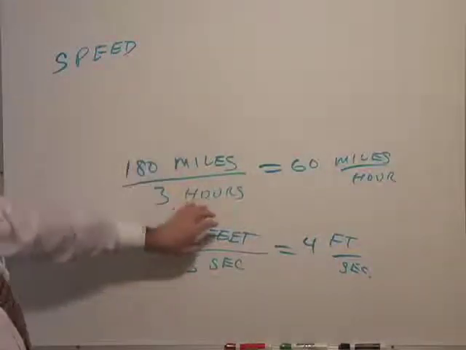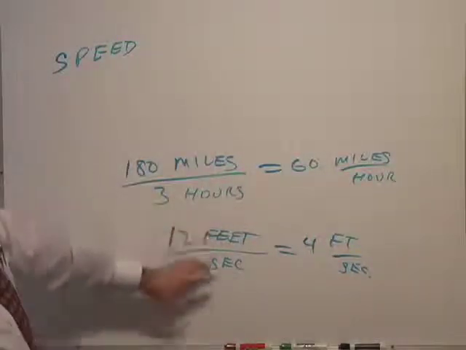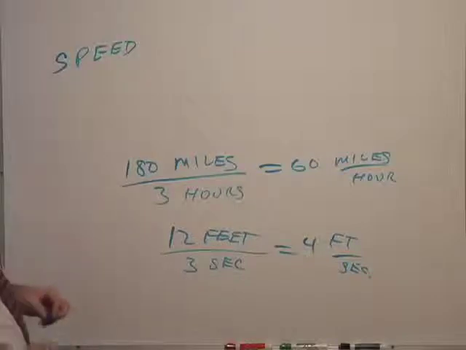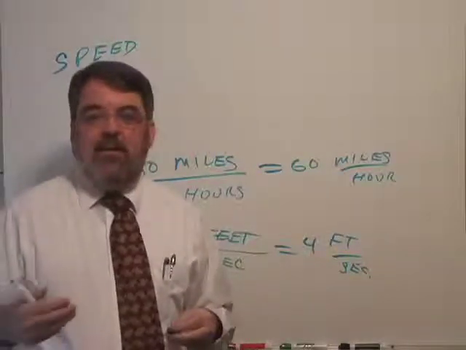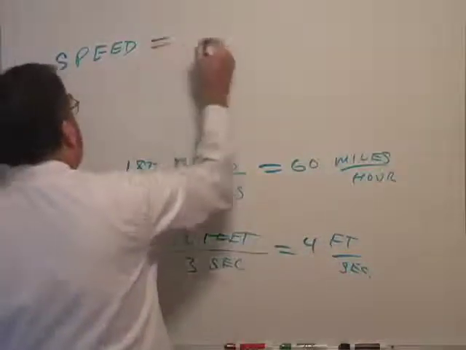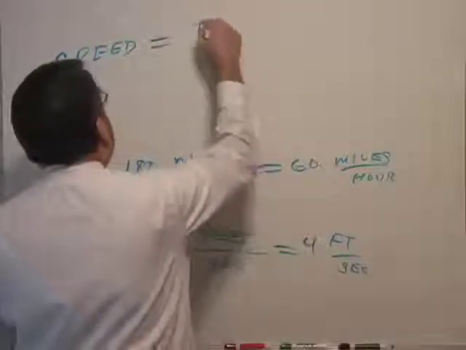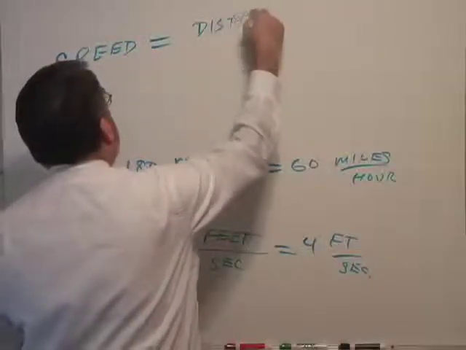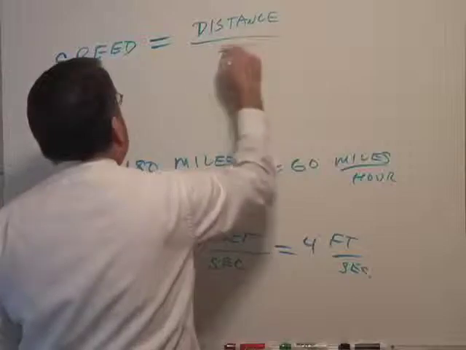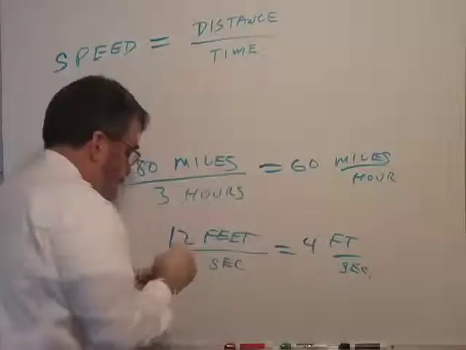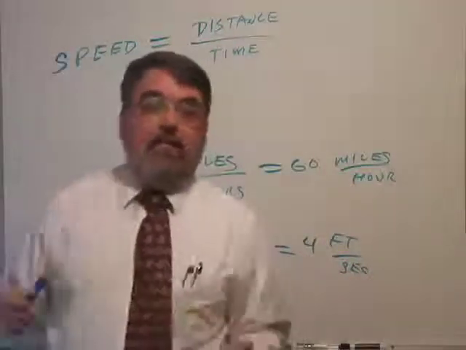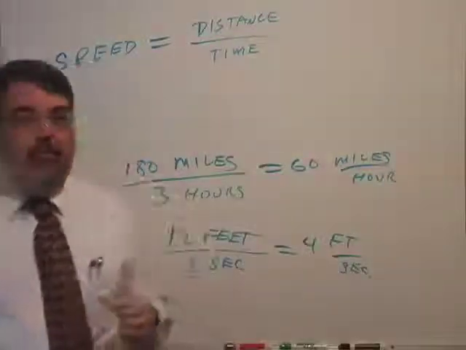The numerator is a distance, and the denominator is a time. And all measurements of speed have that in common. And so speed, ordinary speed, is a distance measurement divided by a time measurement. So that is how we define it. That's by definition.